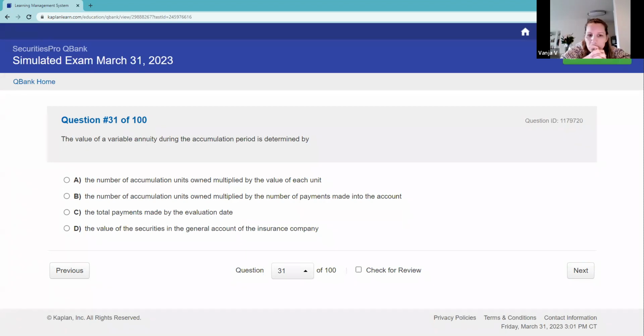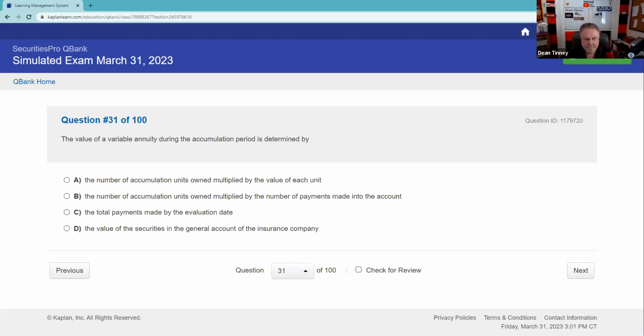It's either A or B. You are correct. It has to be A, the number of accumulation units by the value of each unit. Excellent.